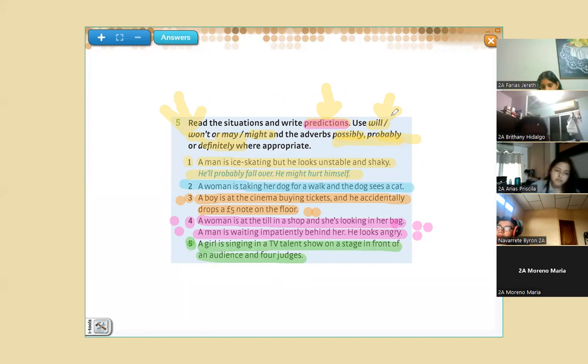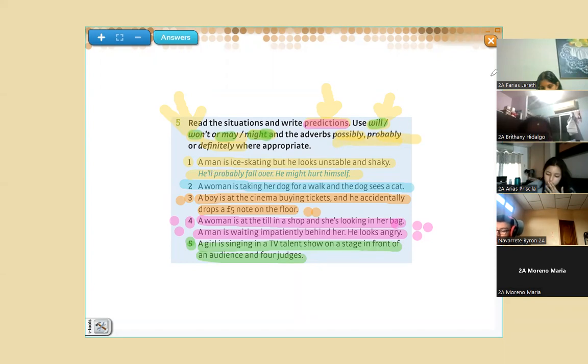Remember that will, won't, may, or might are the predicted words, the modals that you're going to put before the principal verb. And obviously it's always combined with a verb, okay? And possibly, probably, or definitely go after will: will probably, won't possibly, will definitely, okay?